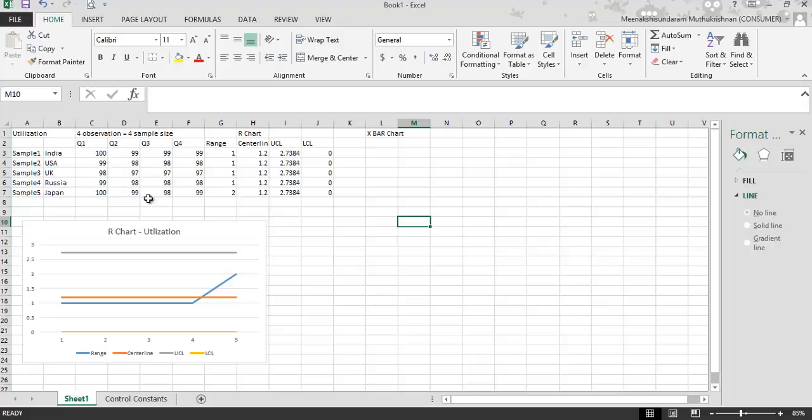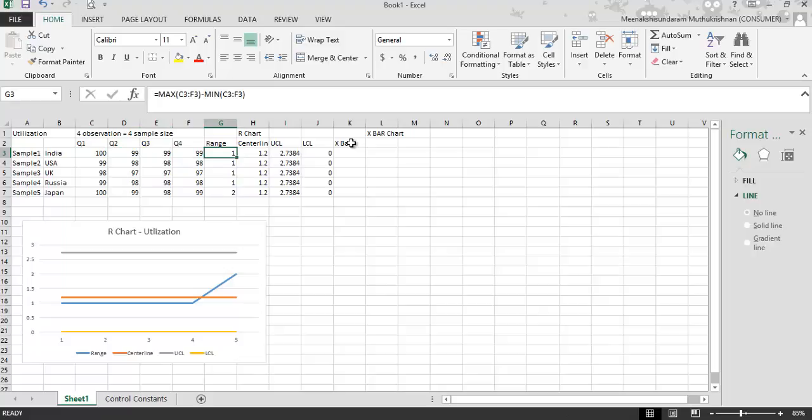So these questions, comparing 2 different samples, can be answered with the Xbar R chart. Just like the range, here we are going to find the average of the observations in a sample, that is, the sample size.